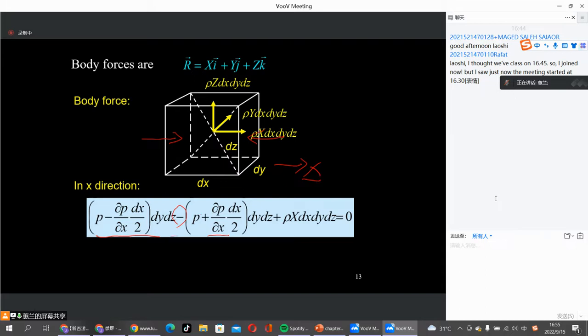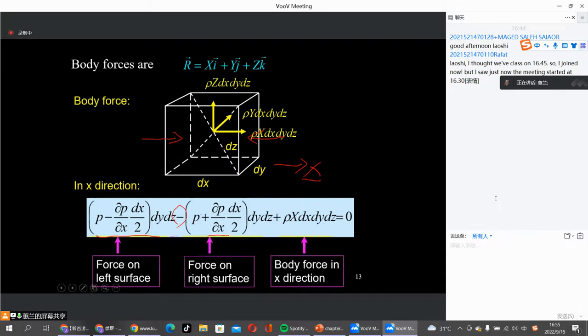And except the surface force, we also have the body force, okay? So this is the body force in the x direction, the x component of the body force. Here, capital X is the body force in the x direction per unit mass. Okay, so we organize this formula, this P cancels, and we finally get dp dx times half dx, and also dx dy dz cancels.